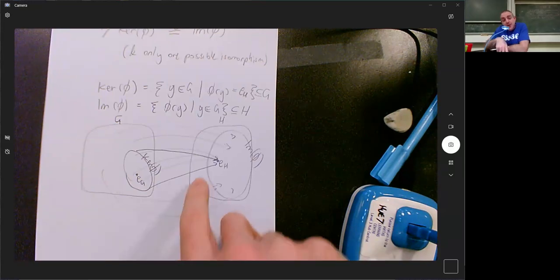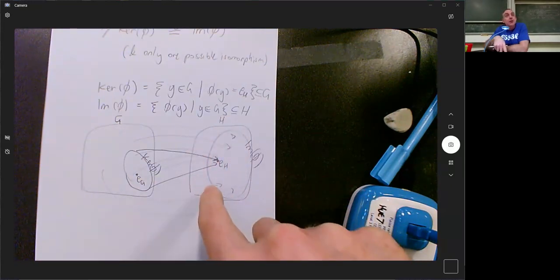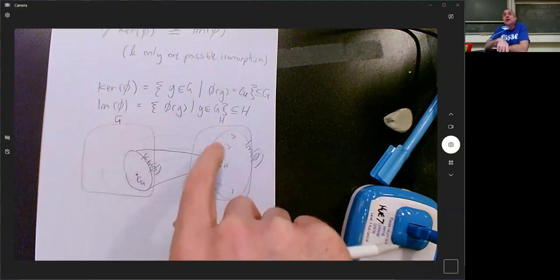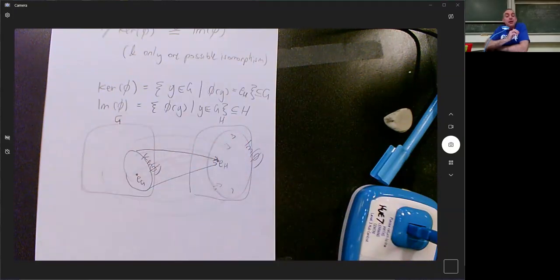So there may be things in H that aren't in the image. It's possible that there are things in H that don't come from anywhere in G. They're just there. But everything in the image does come from something in G.